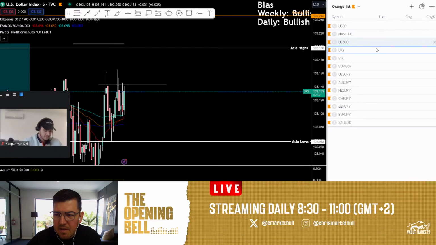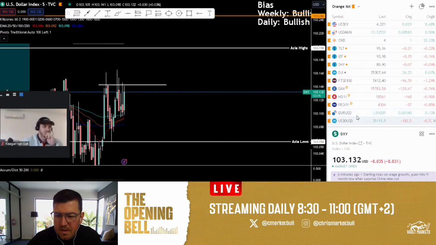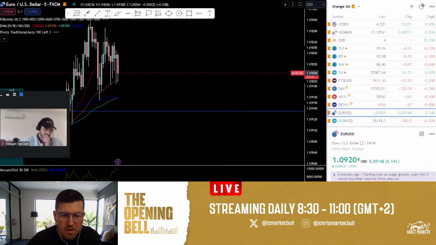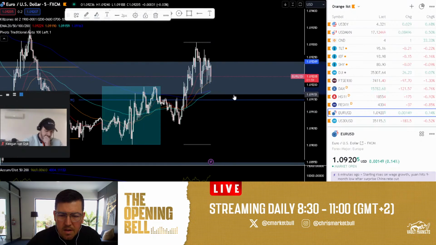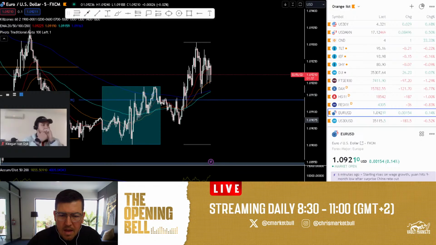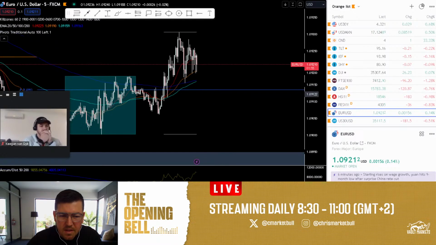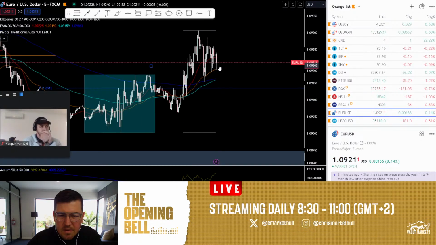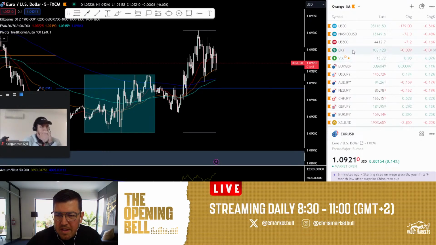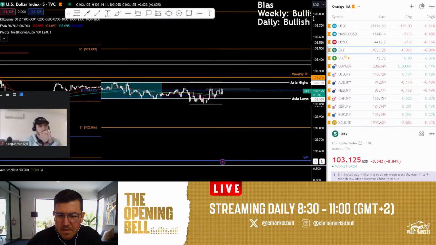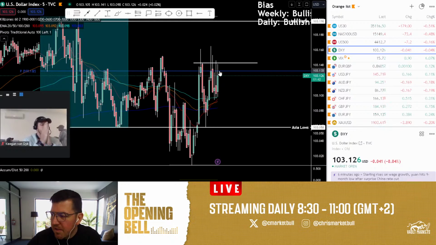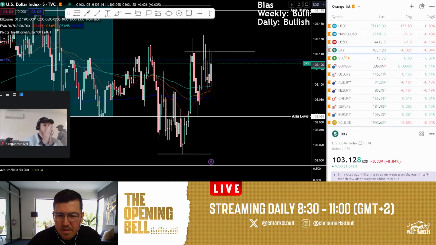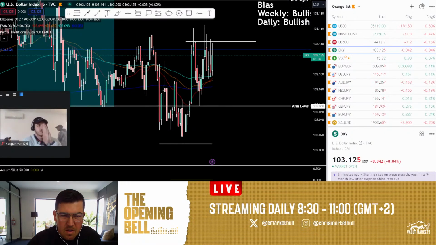DXY is obviously highly correlated with Euro USD. Euro USD has got the most weight in terms of the DXY, and then you'll actually see Euro USD coming down as well. But the thing is, Euro USD is trading above the daily pivot, where DXY is at the daily pivot. So if we are going to reject from this daily pivot, then we should start moving lower.